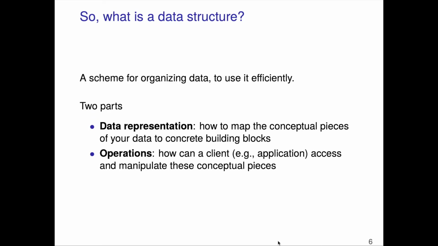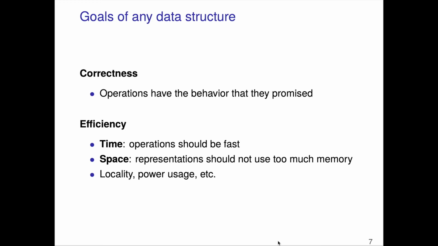So what is a data structure? A data structure is where we store data, and it has operations based on your need, and it can also represent the data in a structured manner. So it's useful in terms of organizing data.